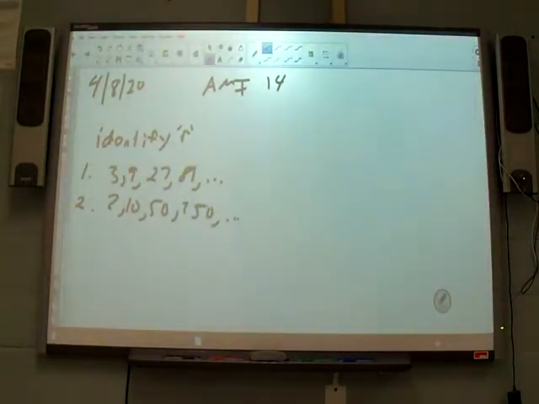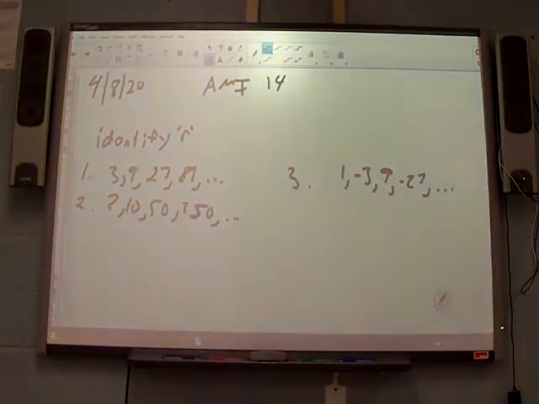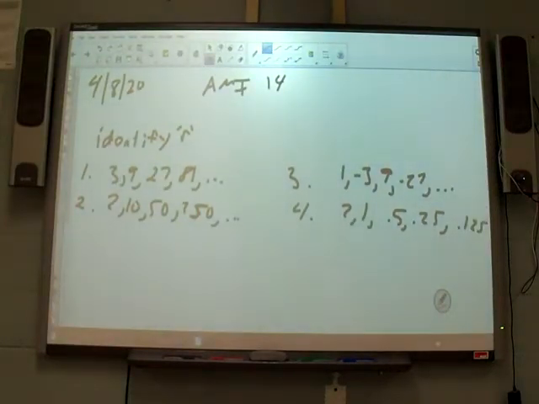So 250 there, that's so ugly. And then number 3. And number 4. Okay, so for those 4, all you've got to do is identify the R. Now for the second 4, we're going to have 8 altogether.